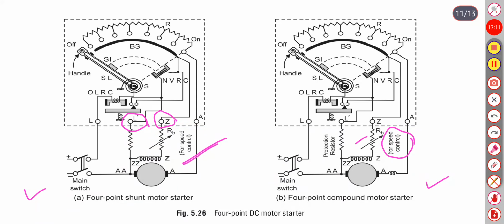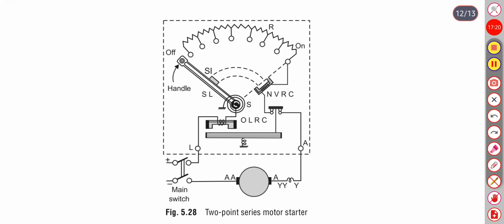So this is the variable resistance, and this is the 2-point starter normally used to start the series motor.